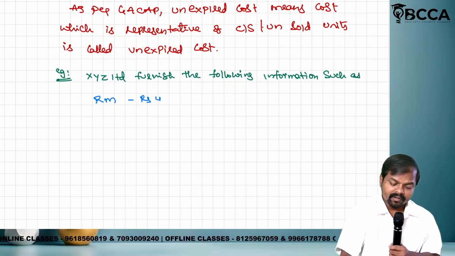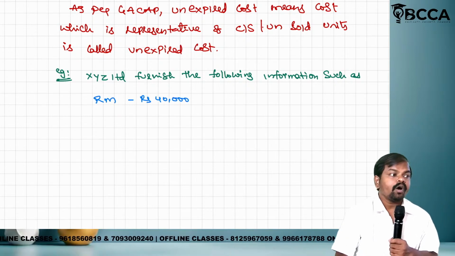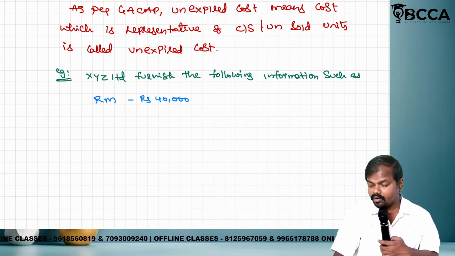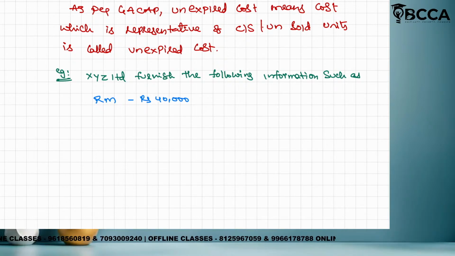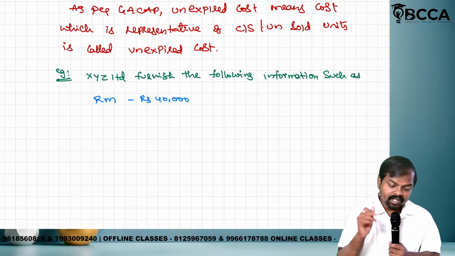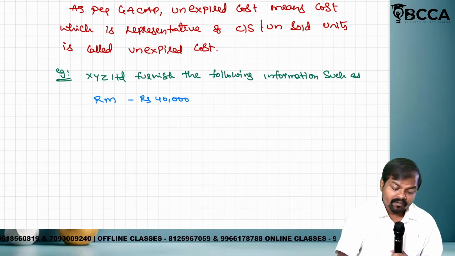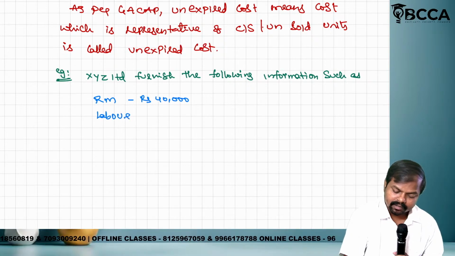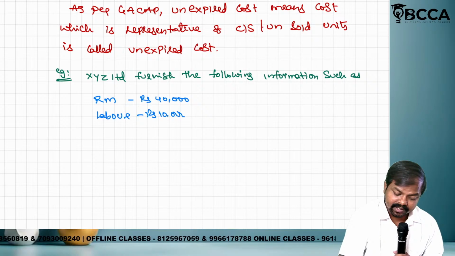They spend 40,000 rupees. So raw material, how much they spend? 40,000. Labor, they spend rupees 10,000.